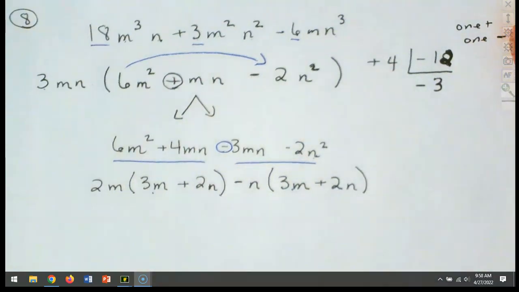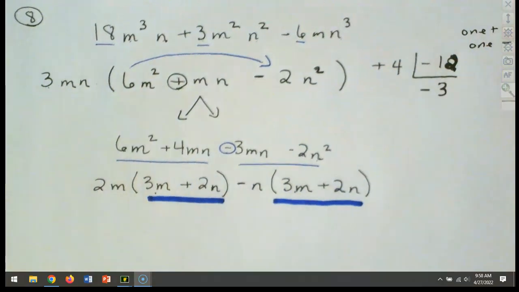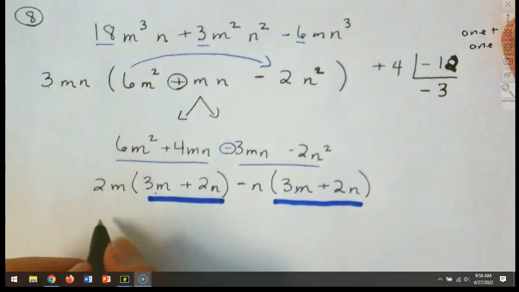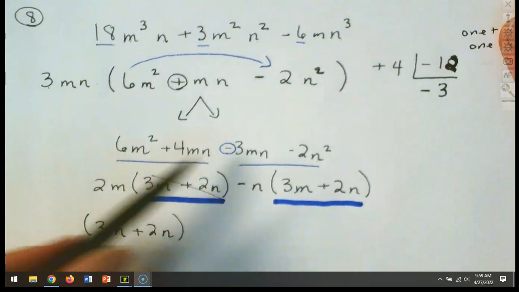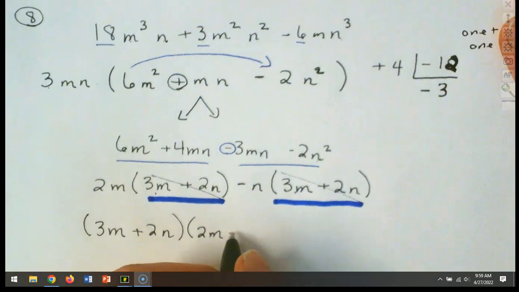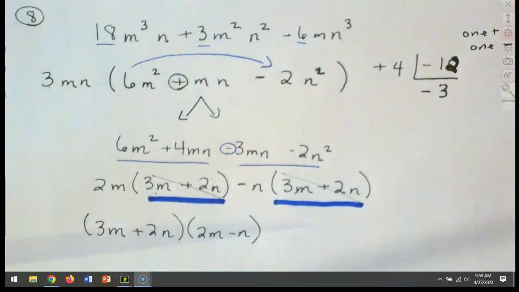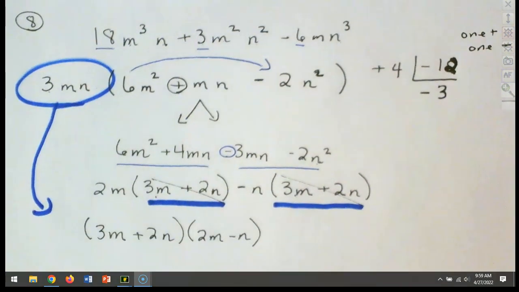They have to match. If they don't match, you made a mistake. These are now the same, which they should be. If they are not, you made a mistake. 3m plus 2n, gone, gone. What's left over? 2m minus n, and do not forget what's out in front of all of it is a 3mn.